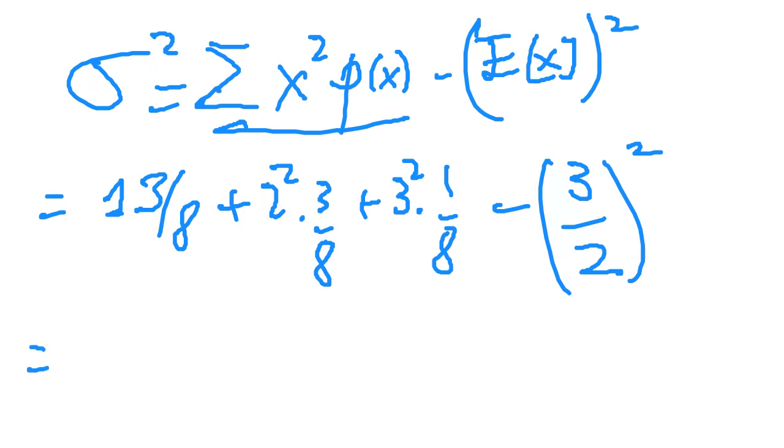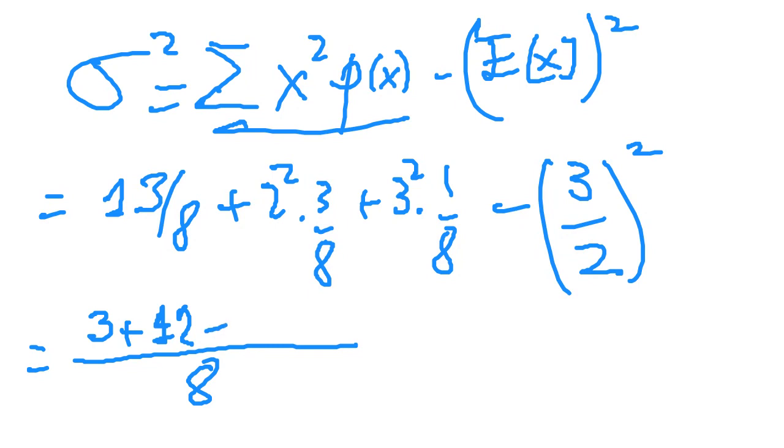So here we have 3 plus 12 plus 9 over 8, minus 9 over 4. And we got 24 over 8, which is 3.